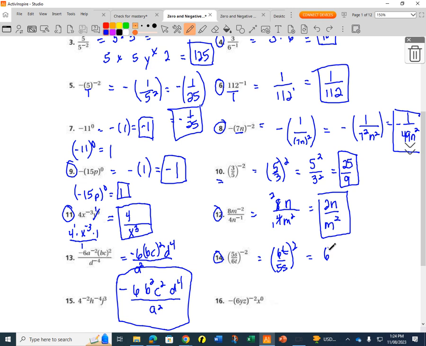So this is 6 squared, which is 36, I'm gonna keep the t squared. 5 times 5 is 25, and keep the s squared.